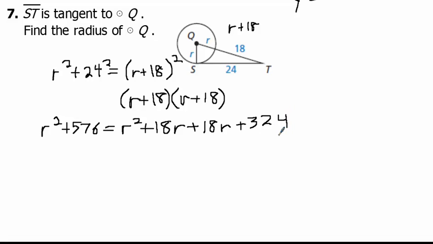Then we combine like terms. So if we move this r squared right away, we're going to get it down to 36r plus 324.